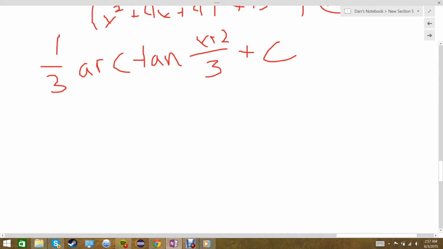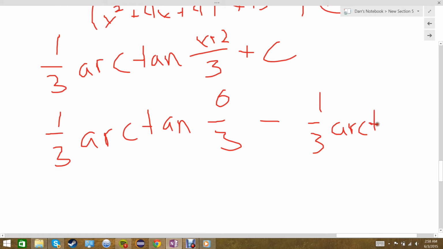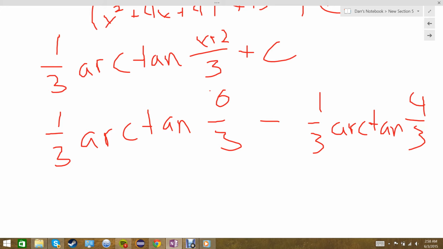plug in the numbers. So 1 over 3 arc tangent of 4 over 3 minus 1 over 3 arc tangent of 0 over 3. Well, we know this one's pi over 4 because this is 0, so pi over 4 times 1 over 3 is pi over 12 minus, now this is 4 over 3, which is a 3, 4, 5 triangle, and what you get is something that looks kind of like this.